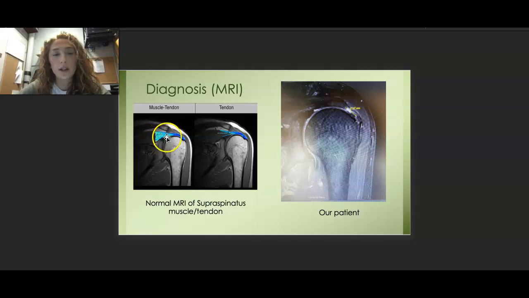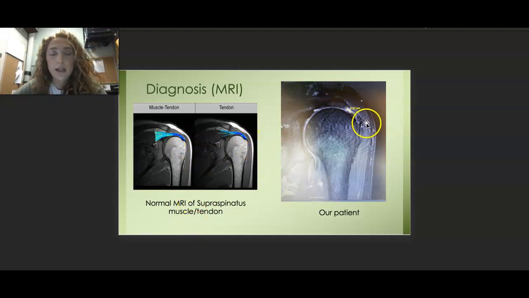And the color gets darker coming all the way across the length of the muscle or tendon and where it should insert. You can see it comes all the way across, all the way around the ball of the humerus to attach on the lateral side of the shoulder. So this is what a normal MRI should look like. You see that this spot right here is where it should insert.